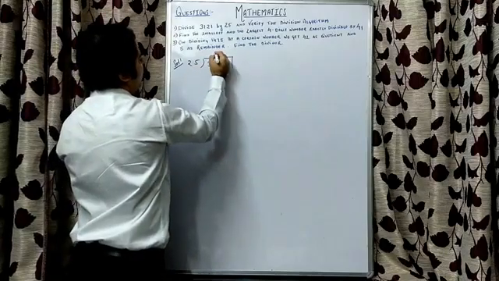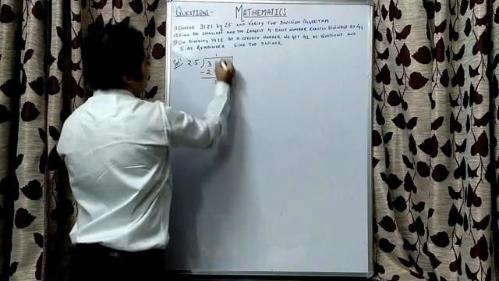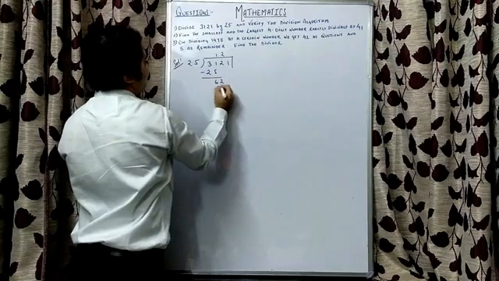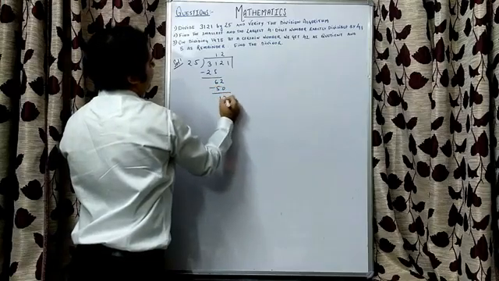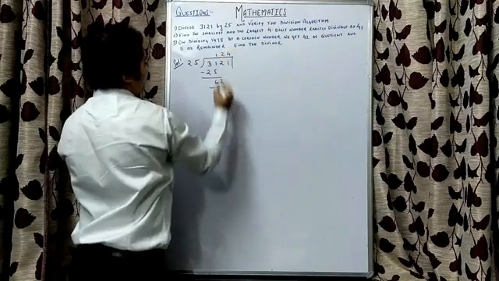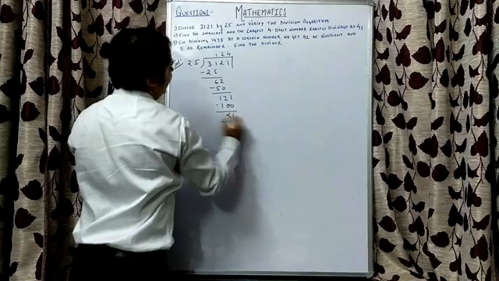25 ones are 25. We are left with 6, then 2 came down. 25 twos are 50. 12 came and 1 came down. 25 fours are 100. We are left with 21.